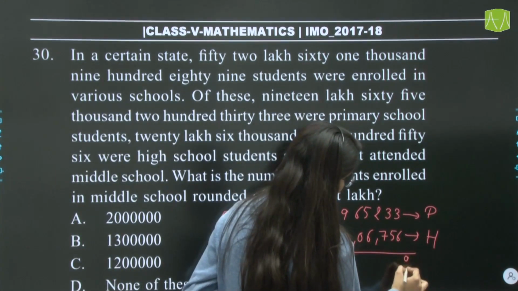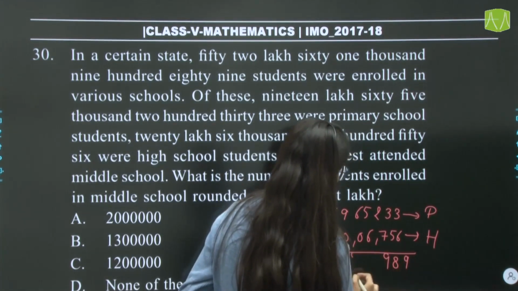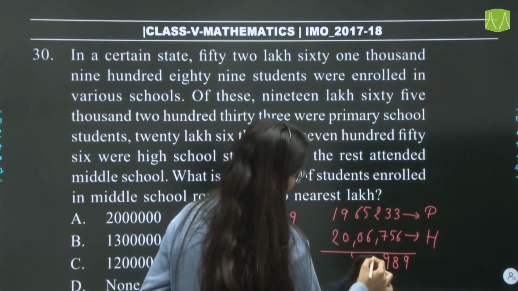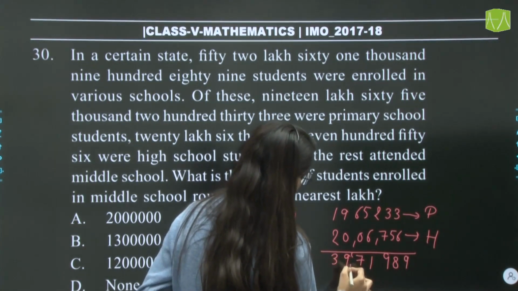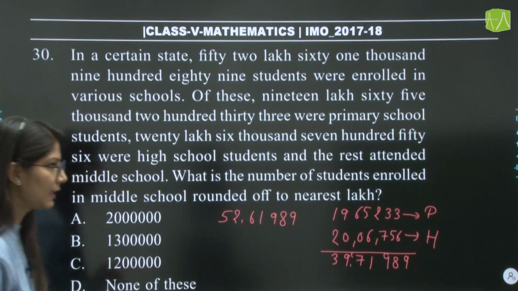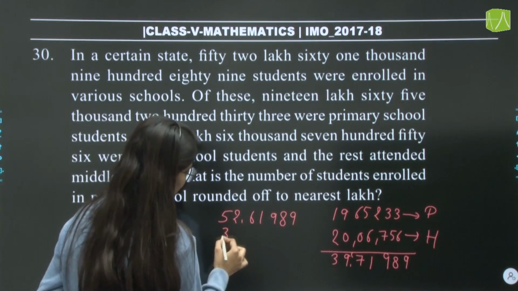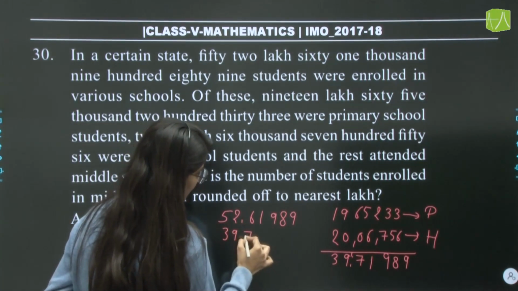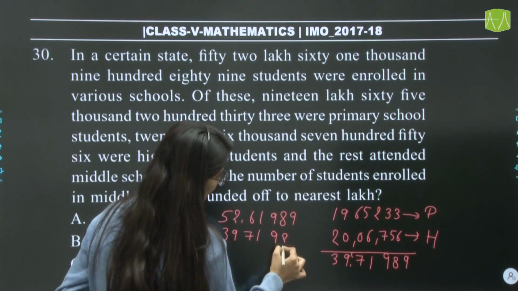6 plus 3 is 9, 8, 5 plus 3, 8, this 9. So it's 39,71,989. Now you have to subtract it from all the students. So let's subtract 39,71,989.